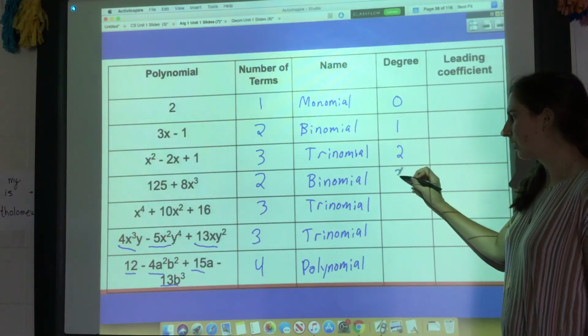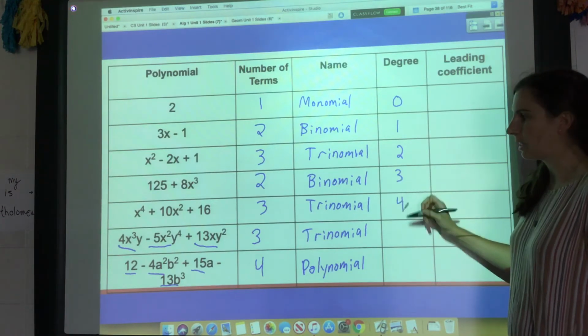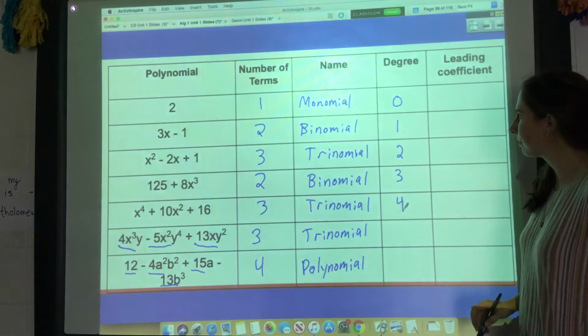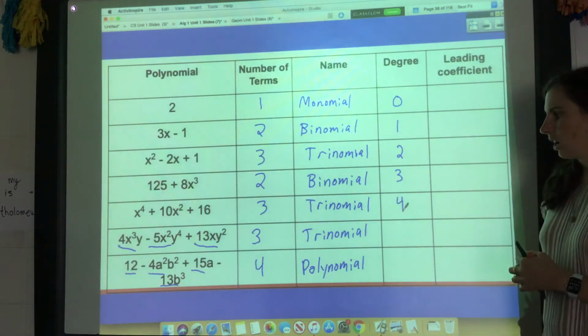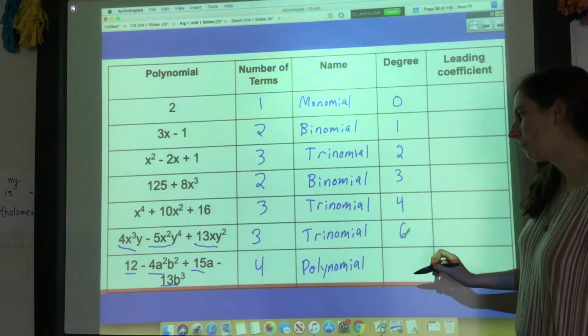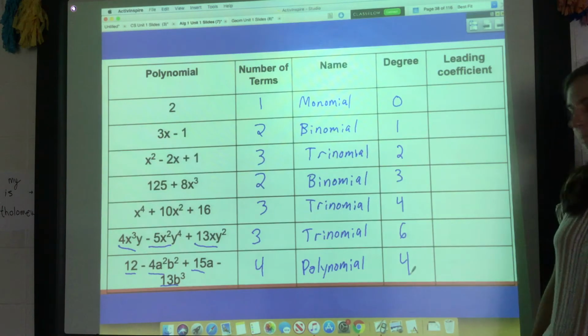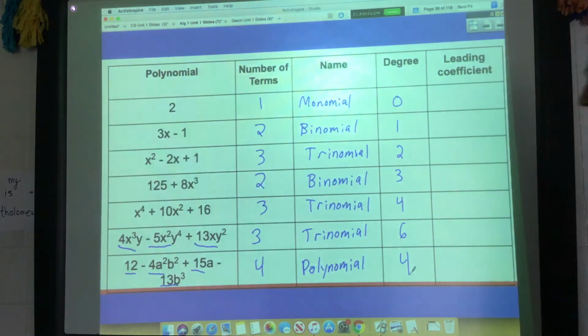That one is degree 3. I didn't mean to make this go in order, but it is. All right, see if you can figure out where these are coming from. We ended our pattern.